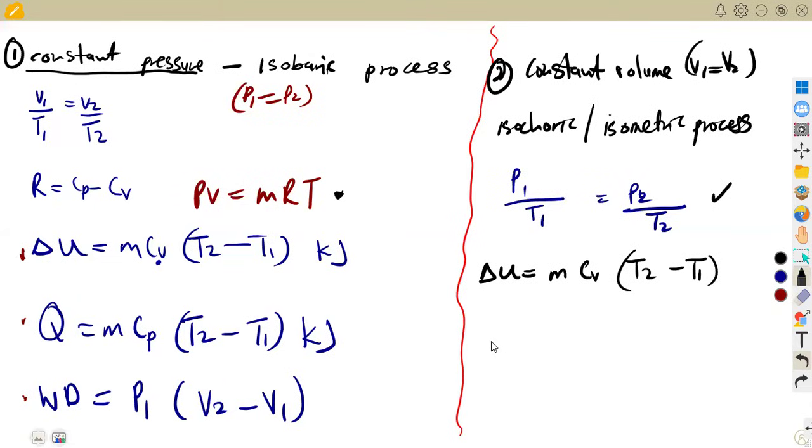And also, we talk about the heat added or rejected, Q, which is equal to mCv this time. It was mCp for constant pressure. Constant volume, you use Cv. All right, that's going to be times the change in temperature, T2 minus T1.